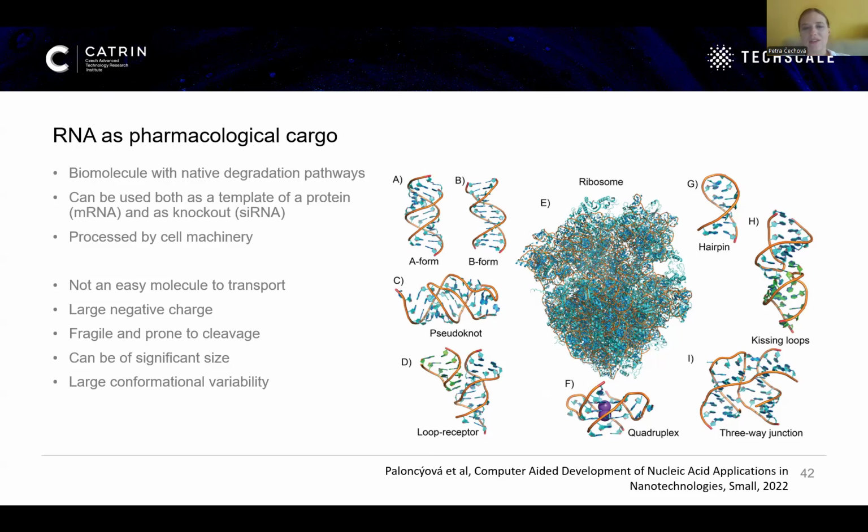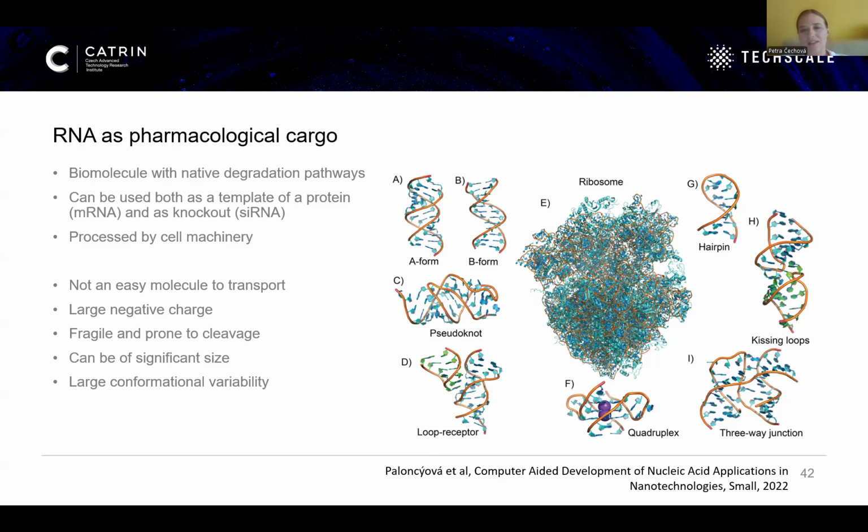But RNA also has a very, very complex internal structure, right? We have seen talks earlier about DNA, and DNA usually stays in a double helix that is reasonably stable. However, RNA can form all sorts of loops, hairpins, junctions. It needs ions to stabilize some of these junctions or complexes.